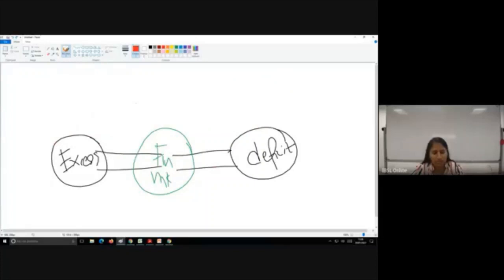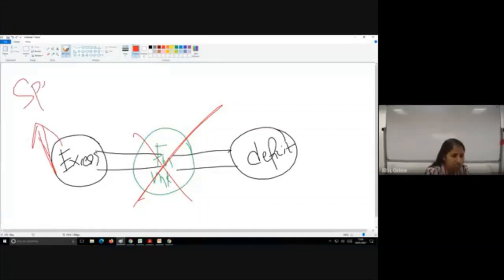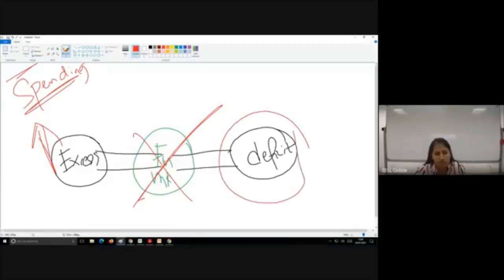Or what they can do is, when they have no link up to directly go and invest, the excess unit holder might actually start spending on it. When you spend on it, you don't just do normal consumption. You start spending on very luxurious items. Okay? Which is again going to be of no use, or it's never going to be used for an investment purpose.